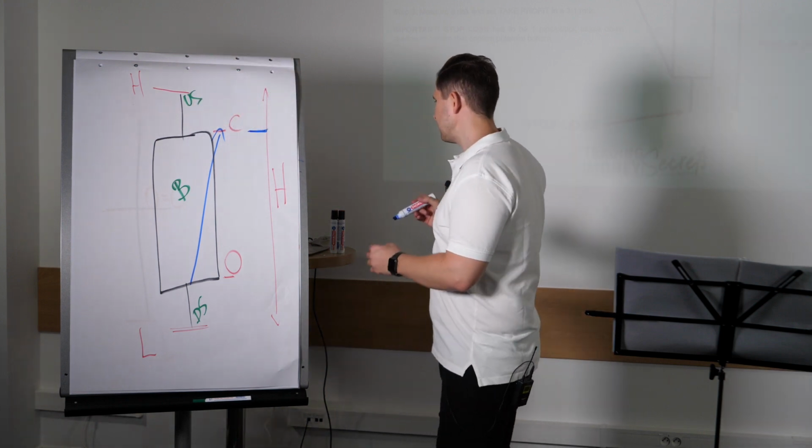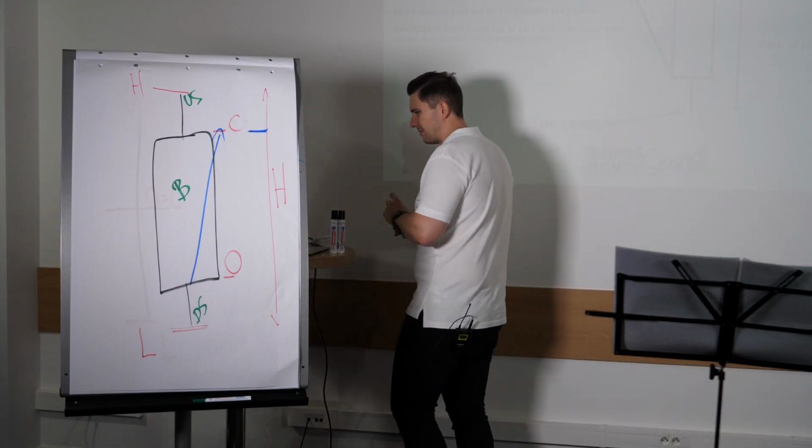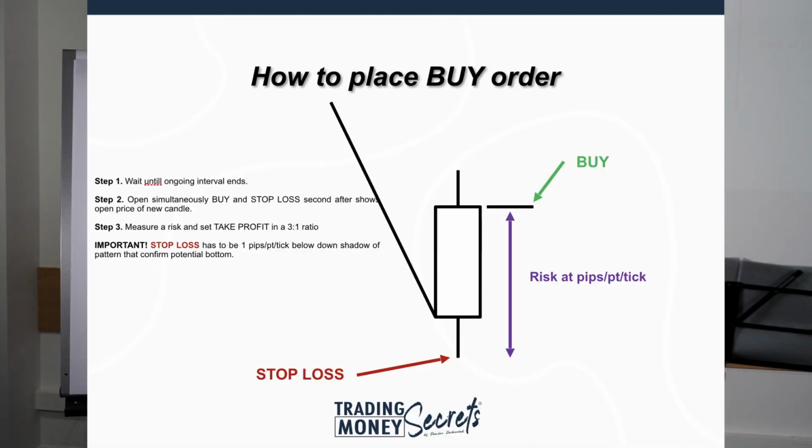So as you can see on the presentation, step number 1 is to wait until the ongoing interval ends. Step number 2 is to open a buy and set your stop loss at the same time, right after the open price of the new candle.